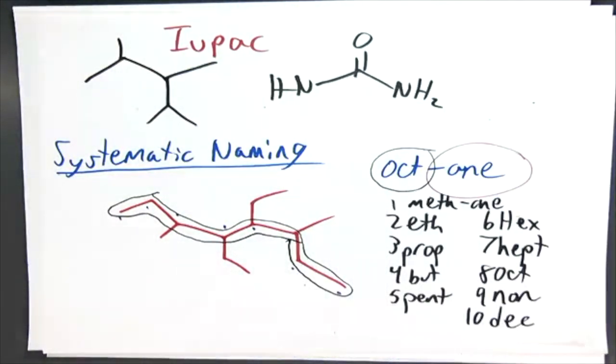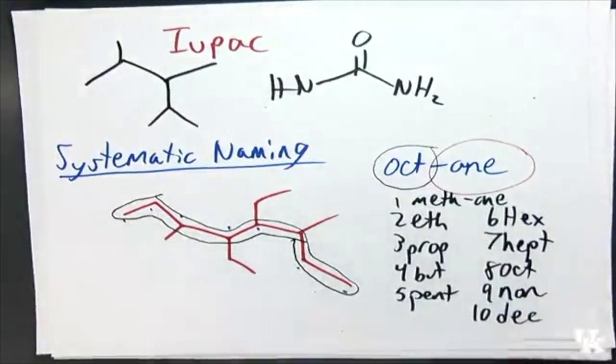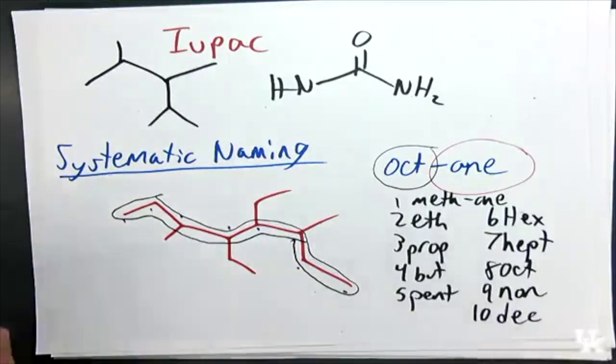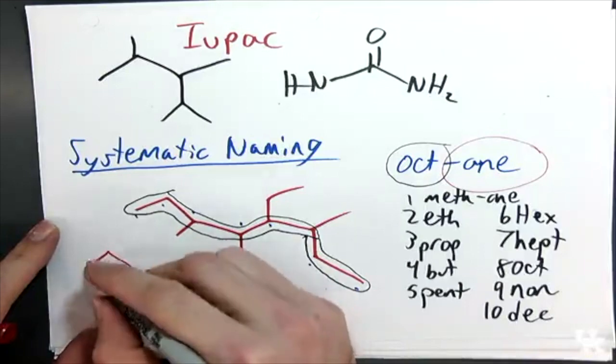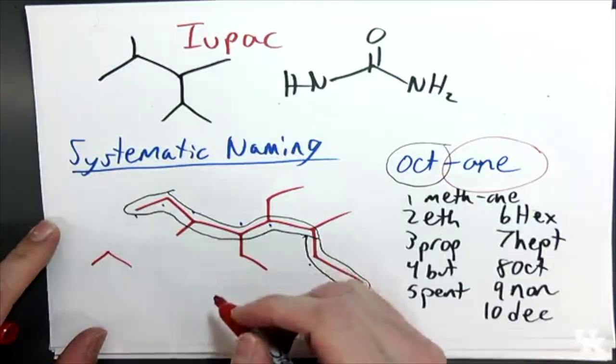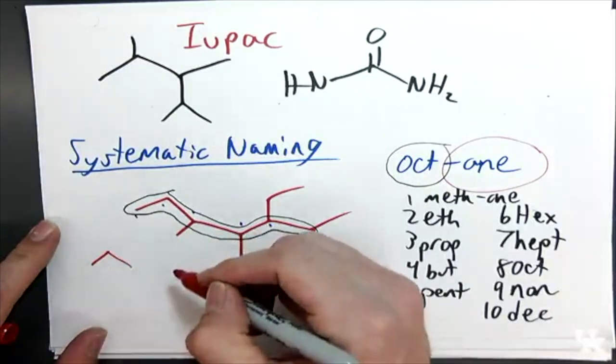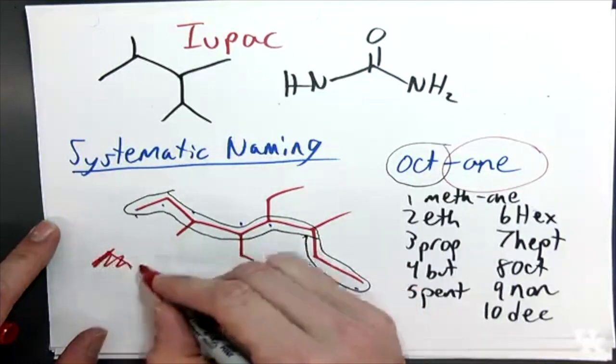Right. So we now have our longest parent chain here, 8 carbons. That is an octane. What if the carbons, I'll do it in red because we all know this by red, what if the carbons were instead, can I do it? Yeah, I bet I can. Oh, I already messed it up.